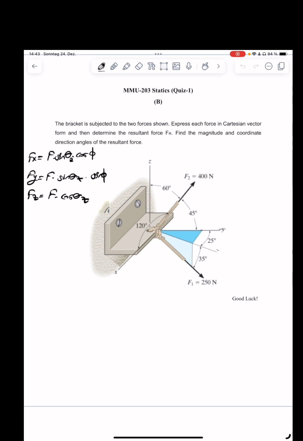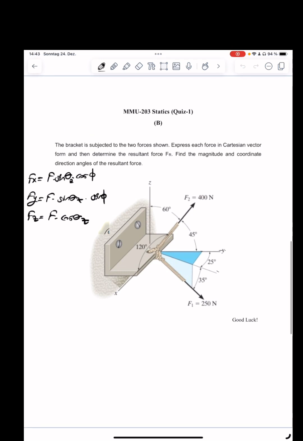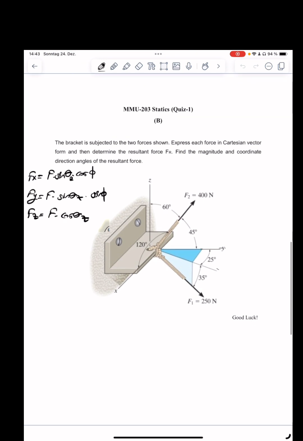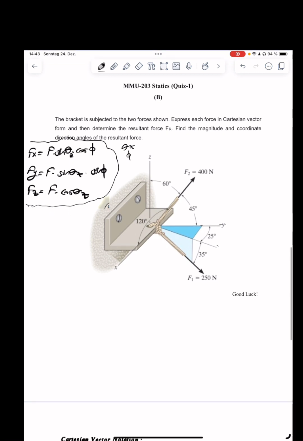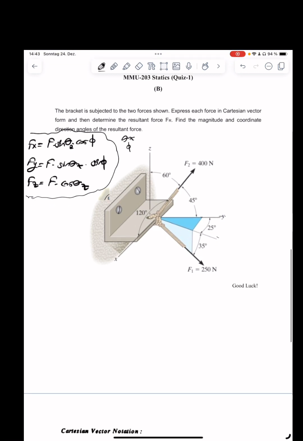There are equations you can use, but you must know what theta z and phi are, and the force, of course, is given.